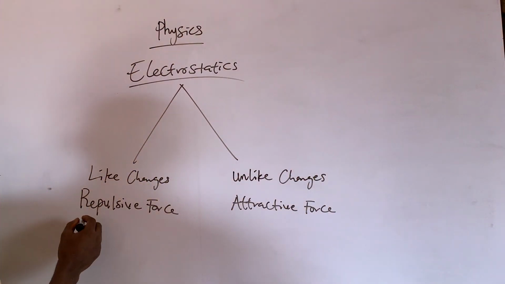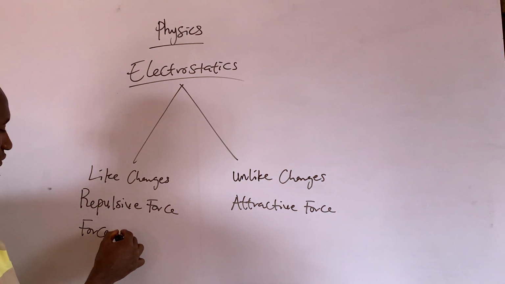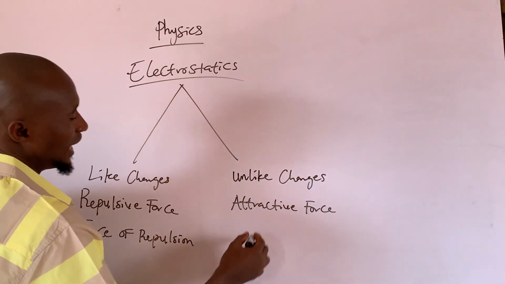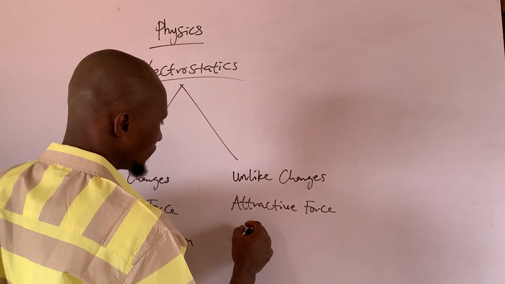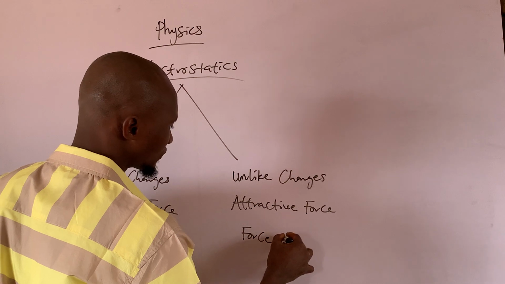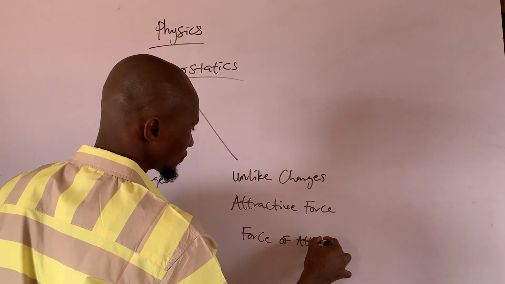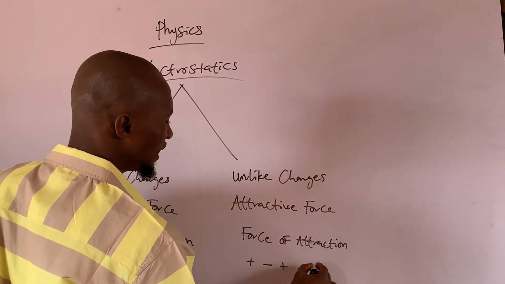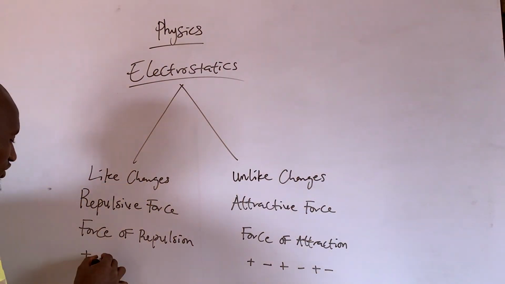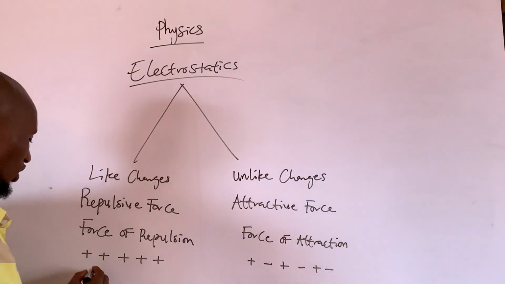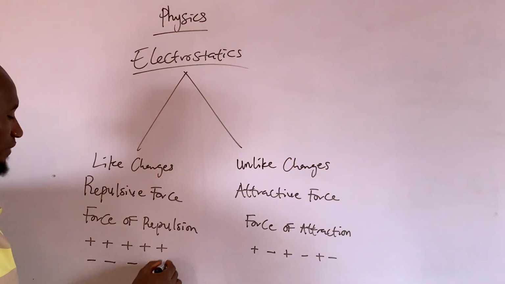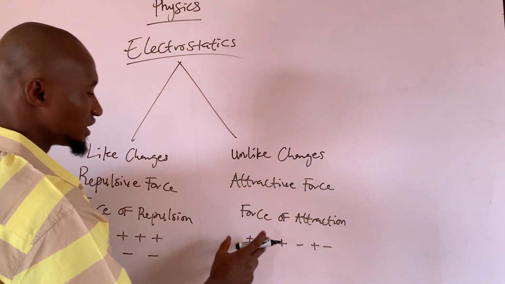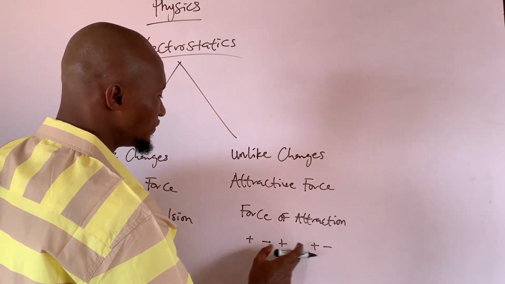We can equally call this force of repulsion, and this force of attraction. This is plus minus, plus minus, plus minus. This is plus plus plus, or minus minus minus. That is positive positive, negative negative. But here, positive negative, positive negative.